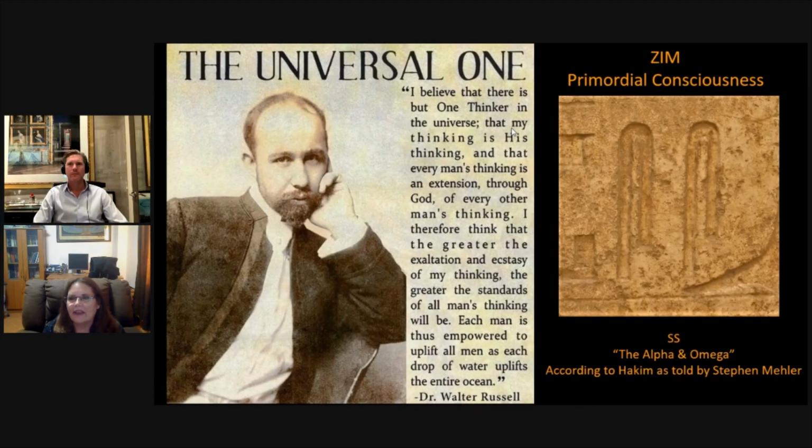But he said these two glyphs represented the sound or tone zim, and he said it was primordial consciousness. It's the beginning. It's where everything happens, as the SS and the Alpha and Omega, if you will.